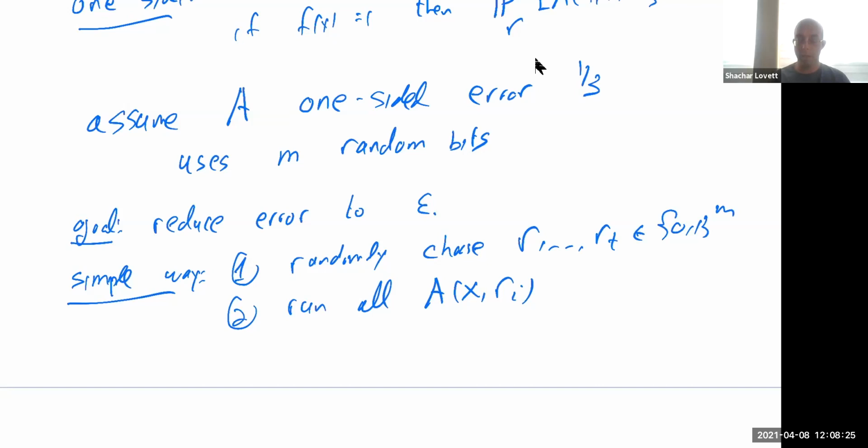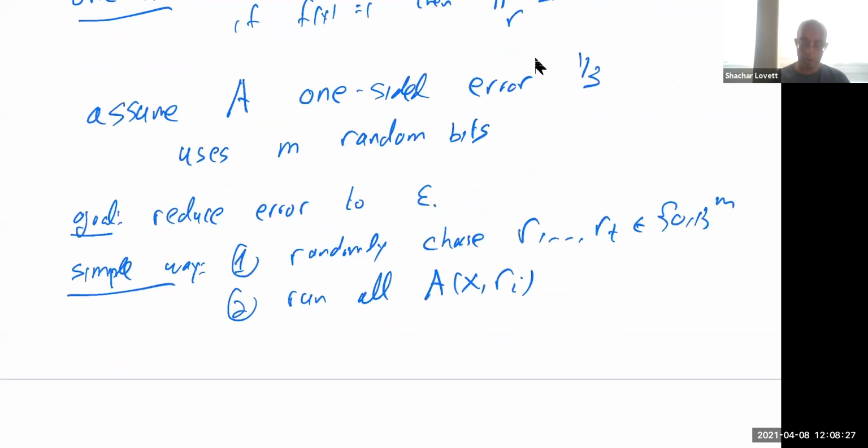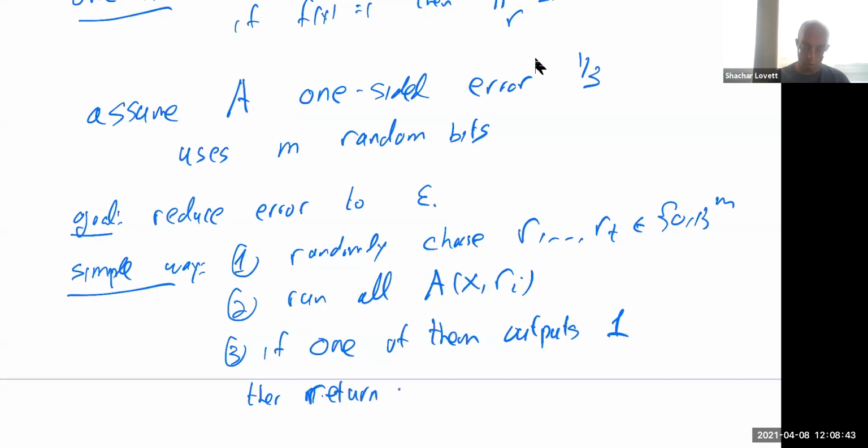We know that if ever it says 1, the answer must be 1. So if one of them outputs 1, then return 1, else return 0. So if at least one of them returns 1, then we're going to say 1, and if all of them return 0, we're going to return 0.